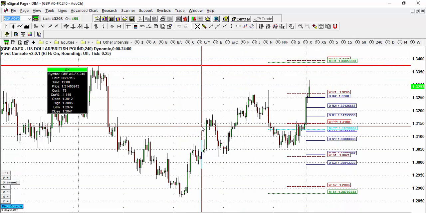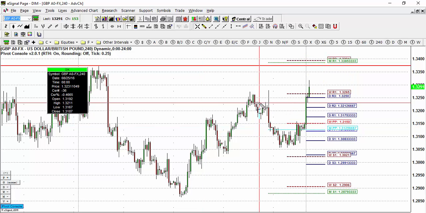So this area, if we do get a spike in the non-farm payroll report, could act as resistance. And if we're going to sell at this level, we'd want to see the market test the level, and then we get some form of a sell signal, and that would be an indication that the market could be going down.